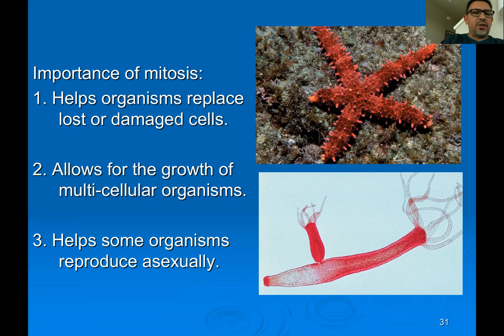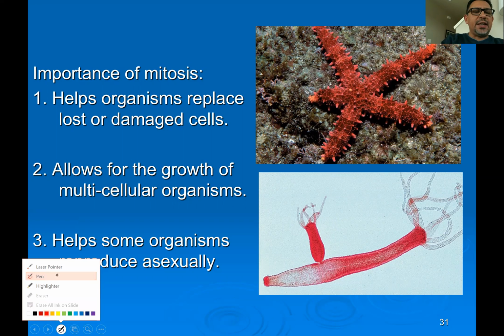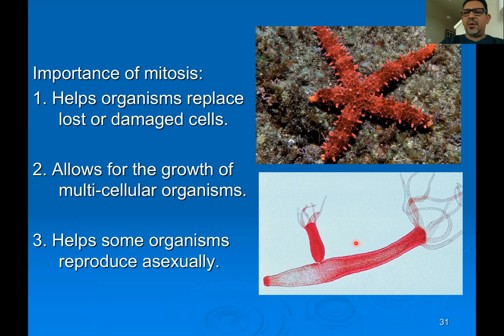Here in this illustration, for example, you can see an organism known as a hydra, and this hydra lives in aquatic environments. It has a cylindrical body, so the animal here is laying on its side a little bit. There's going to be a mouth over here.